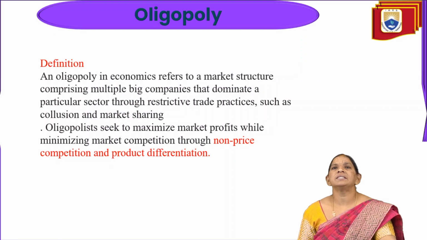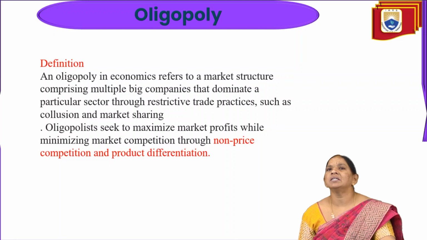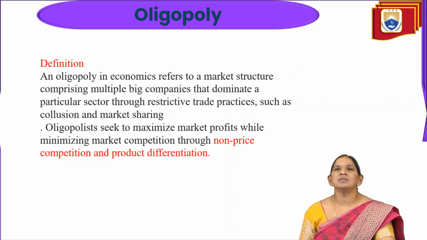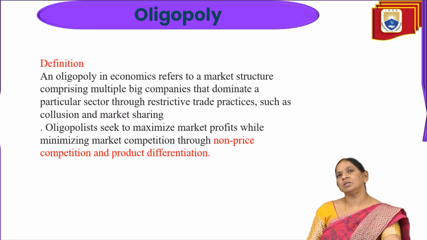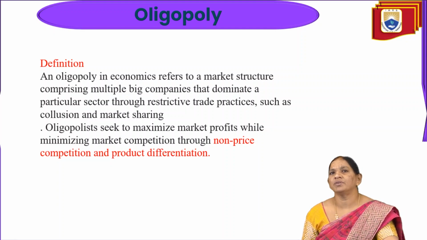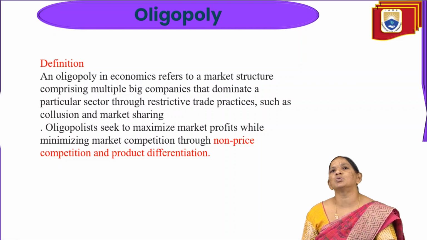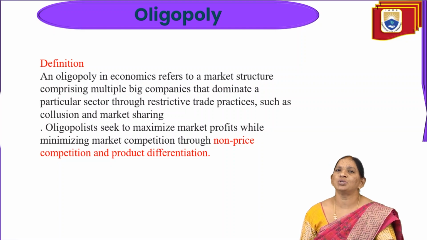Now we come to this market structure, which we call oligopoly. Oligo in the sense means a few, and poly means sellers. So a market structure consisting of few sellers is commonly called an oligopoly. When we refer to the definition in economics, it refers to a market structure comprising multiple big companies that dominate a particular sector through restrictive trade practices such as collusion and also market sharing.